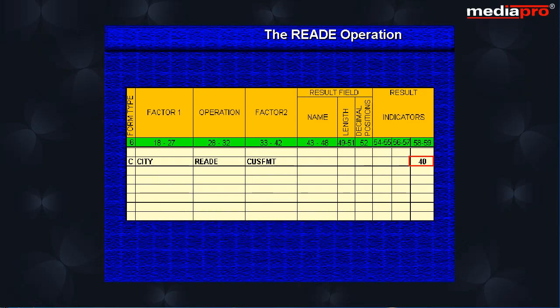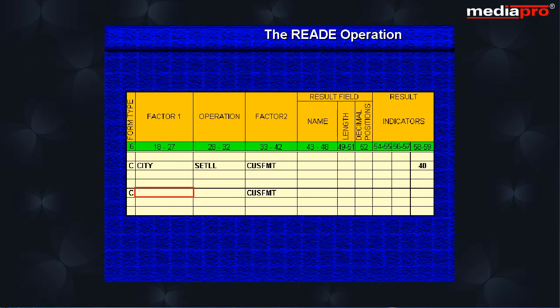An indicator is required in positions 58 and 59 and will be set on if the key does not match the entry in factor 1 or if an end of file condition occurs. An indicator in positions 56 and 57 can be used to signal an error.